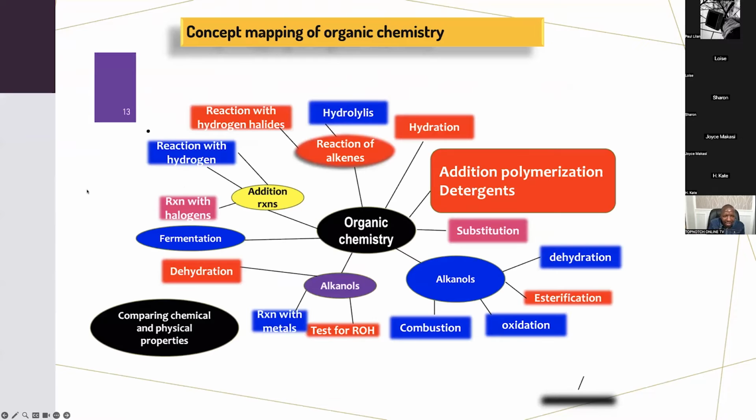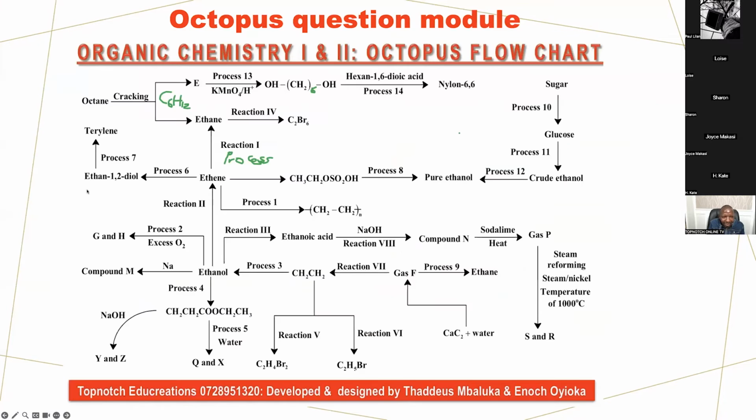The reagent is acidified potassium manganate(VII), or acidified dichromate(VI). Just stick to acidified potassium manganate(VII) for reactions of alkenes.